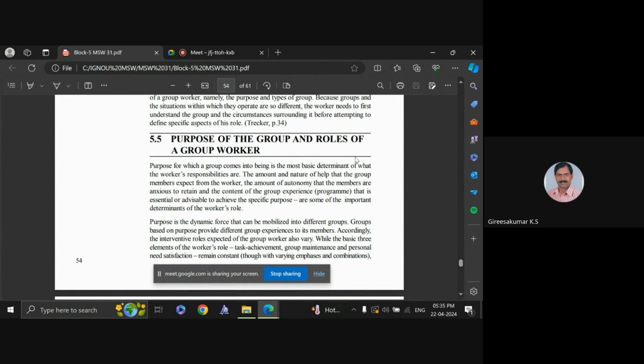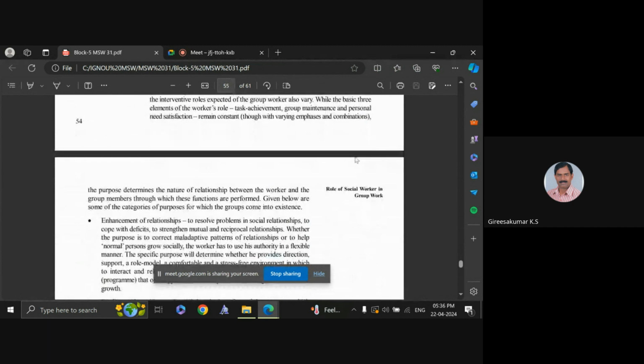Different groups will be there, and group experience. Members are anxious to retain the content of the group experience. Purpose is the dynamic force that can be mobilized in different groups. That is, groups will be formed on a purpose basis. That is what is explained here.